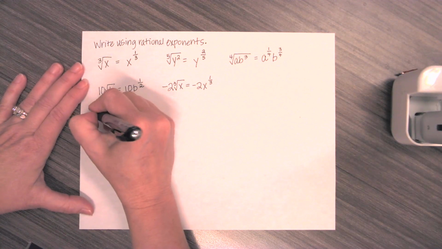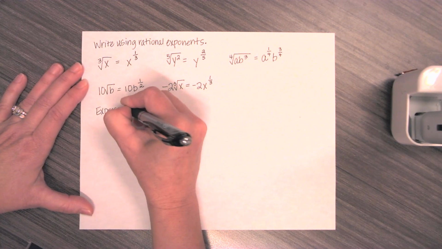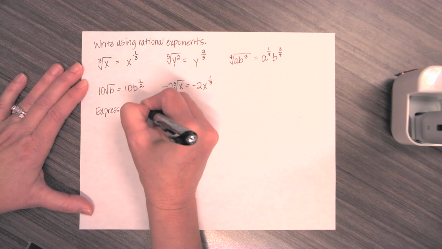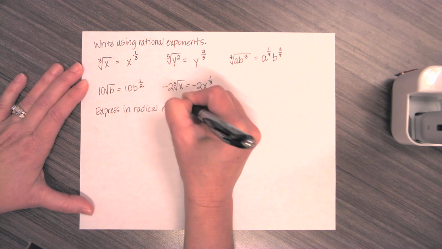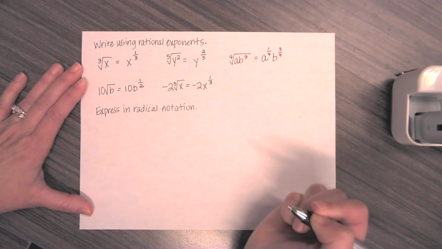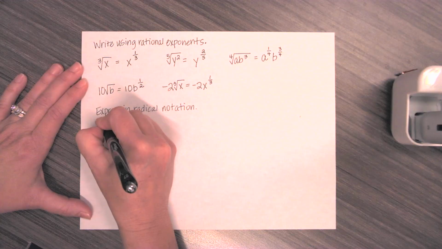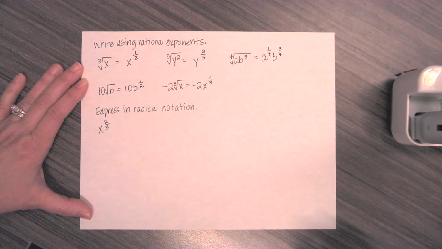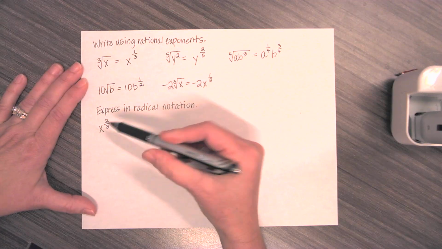All right, we got to be able to go the other way as well. So if your directions say express in radical notation, radicals are roots. So you need to be able to take something with a fractional exponent and rewrite it with roots. So if you have x to the 2/3, that's a fractional exponent.